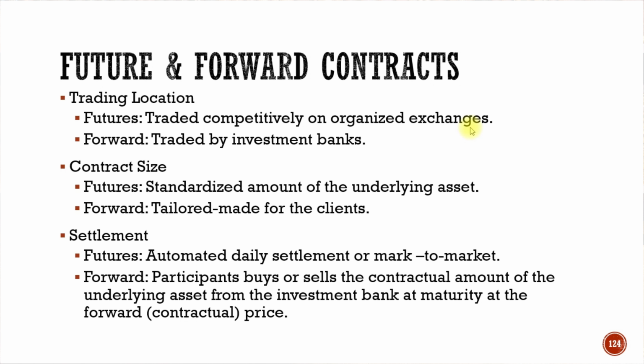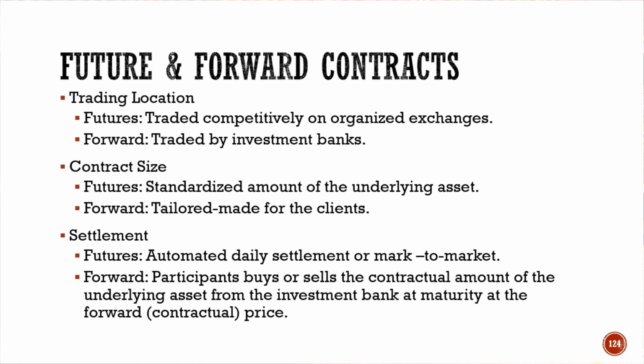For example, if Ford really needs to figure out how much money they need to transfer to another country or transfer back to the United States, they might enter into a forward contract to protect that investment and that cash flow. So the future is a standardized amount of the underlying asset, where the forward is completely tailor-made by the penny for the clients.